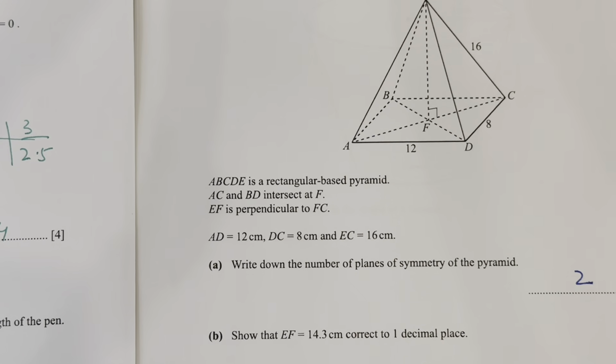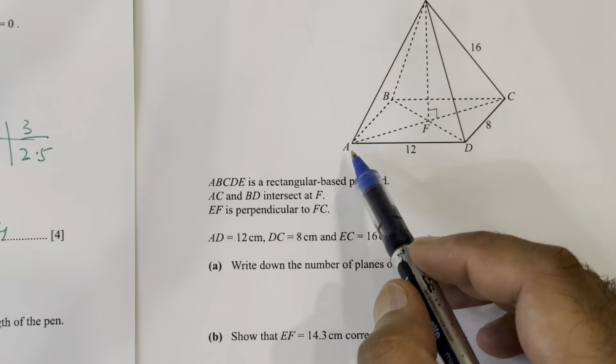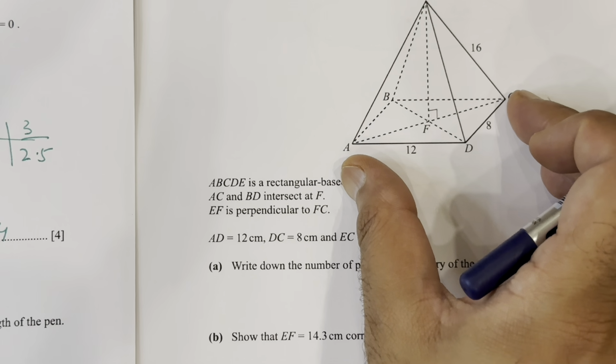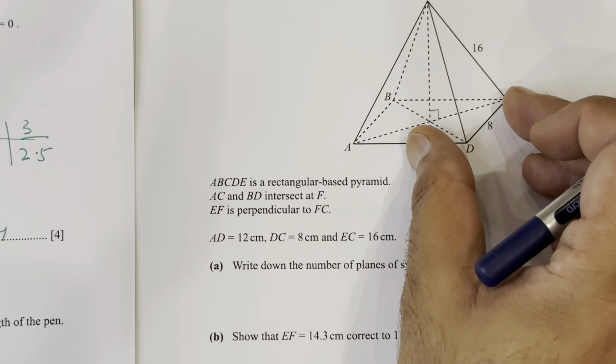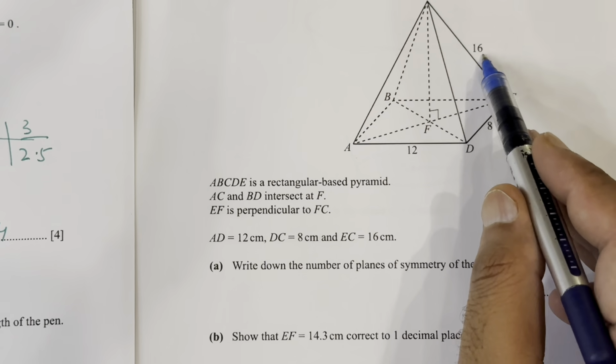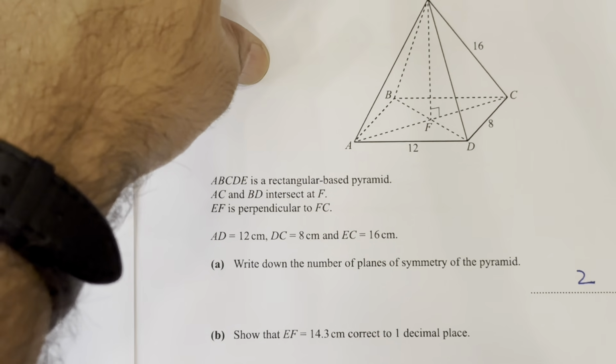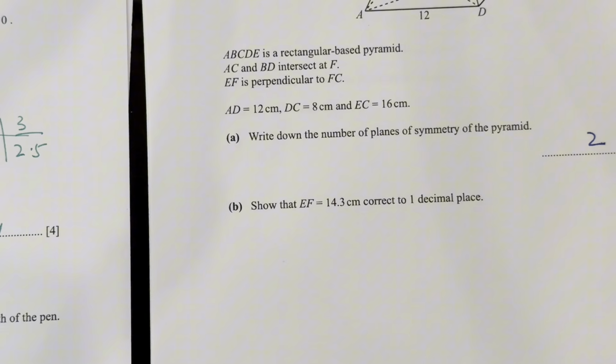What is EF? Here it is EF. So first we need to calculate AC. This would be AC. Then we take half of AC. This would be FC, and from FC and 16 we can calculate EF.